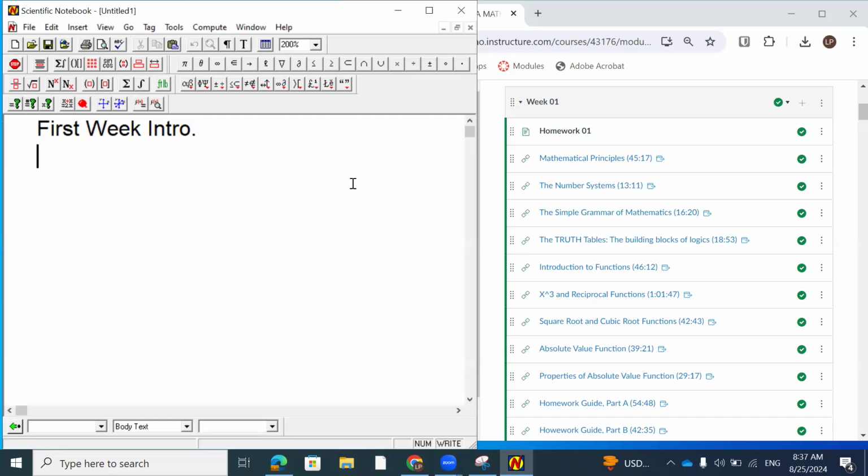In the first week, as you will see, we first start talking about mathematical principles: the number system, the simple grammar of mathematics, and the truth table.